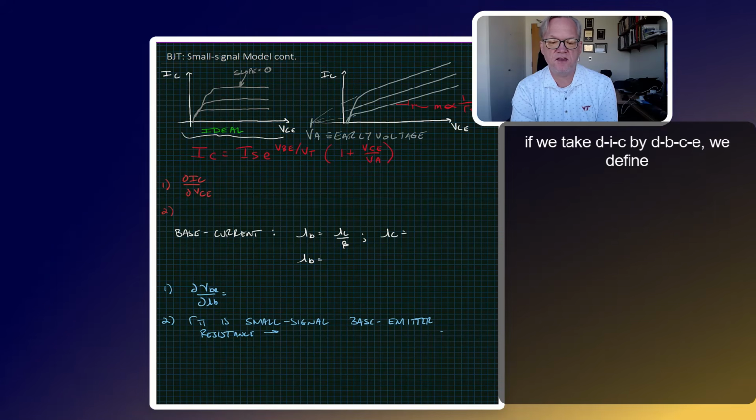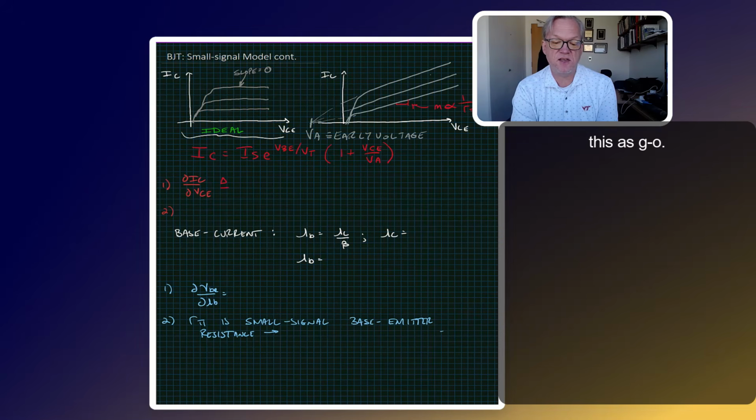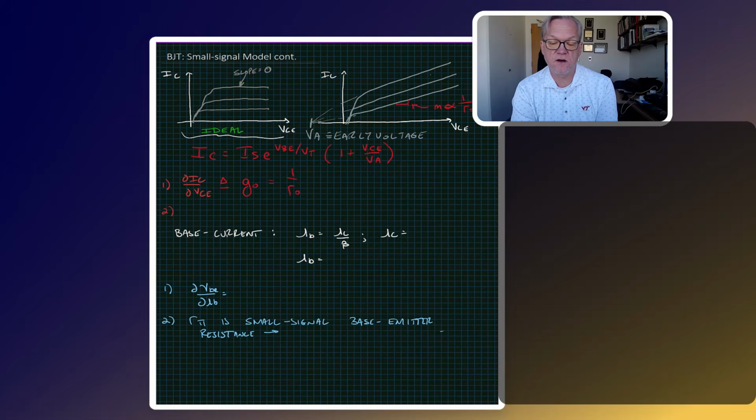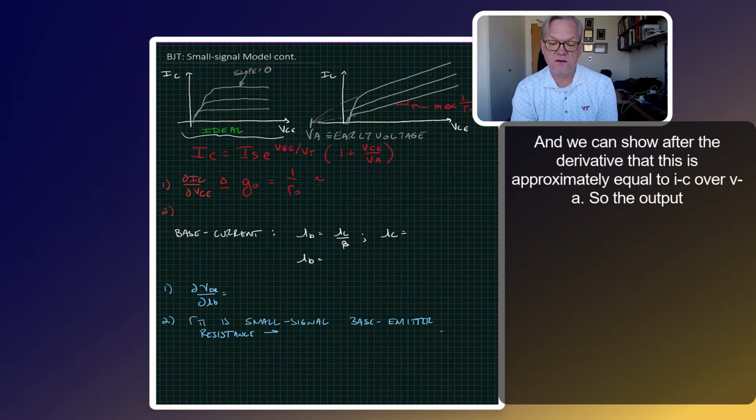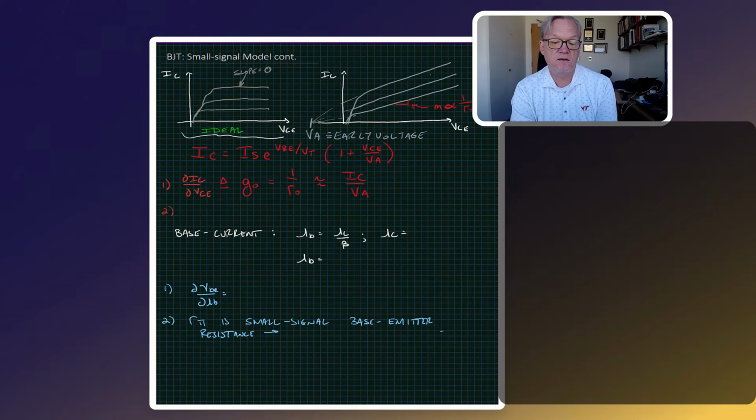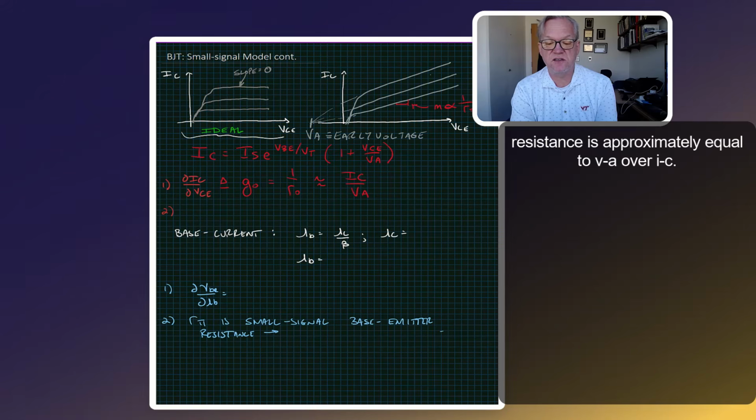And now if we take dIC by dVCE, we define this as GO. This is equal to 1 over RO, and we can show after the derivative that this is approximately equal to IC over VA. So the output resistance is approximately equal to VA over IC.